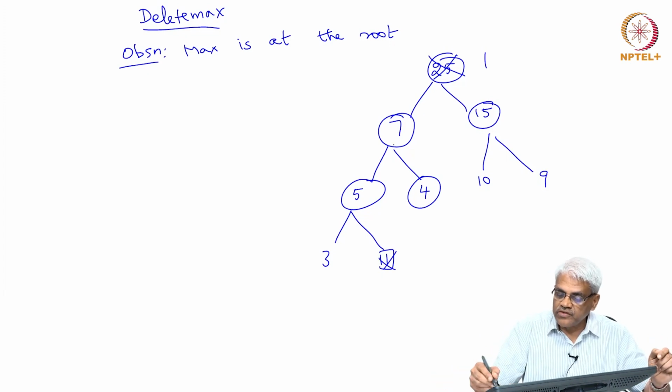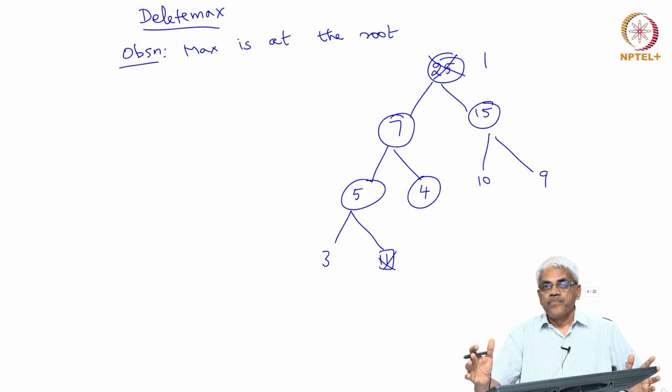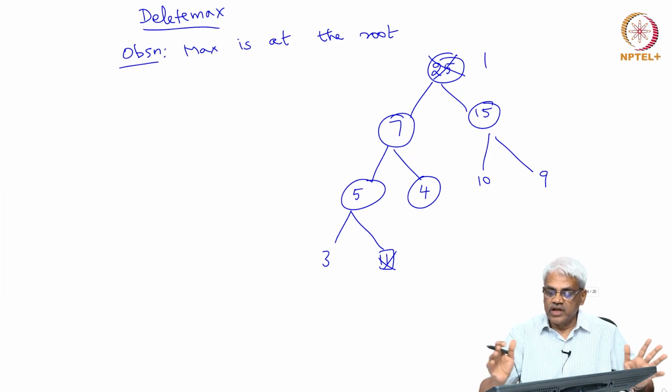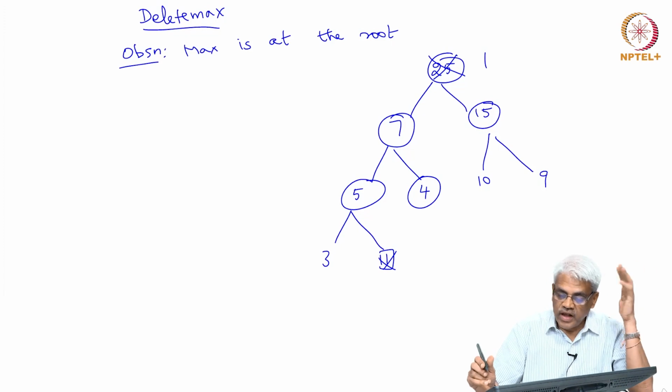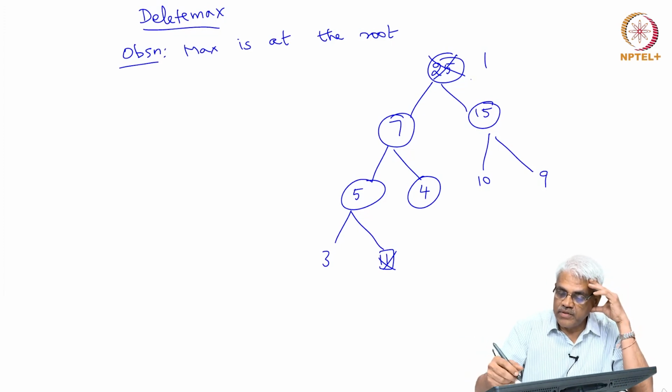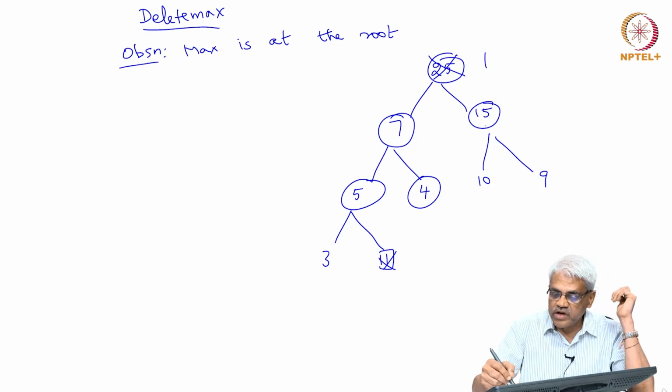That way, the structure of the complete binary tree is maintained, because I know that it is level by level, all nice and complete, but the parent-child relationship may be violated. So, I will check where there can be a violation. It's at the root, because that's the only node which changed. So, there is a violation, 1 is smaller than 7, 1 is smaller than 15.